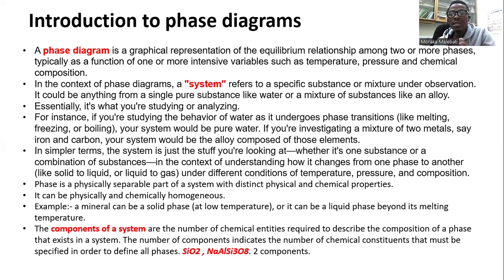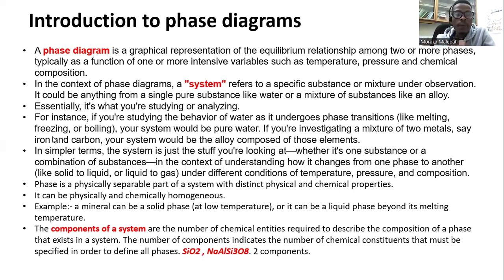So if we're considering the albite-anorthite system, then the end members will be the albite and the anorthite, and those are the components. And then the phases will be the crystals and also the liquid.